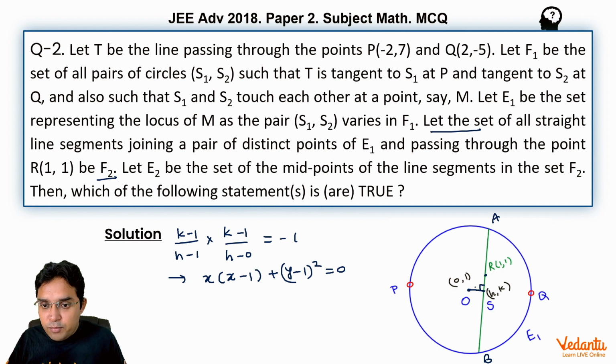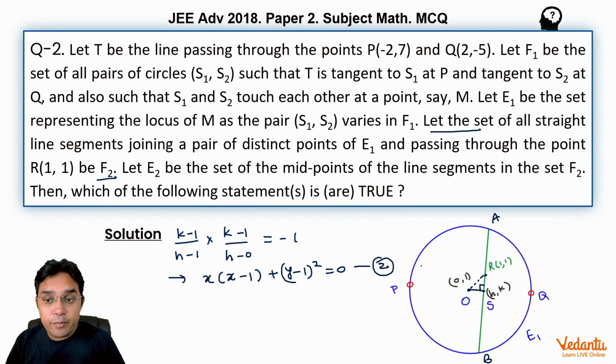In fact, this could have been seen as a circle whose diameter is OR, because this OR, if we take as a diameter, it will subtend 90 degrees at S. So S will be lying on that circle. Also, we can look at this locus that way. And this is my equation number 2.